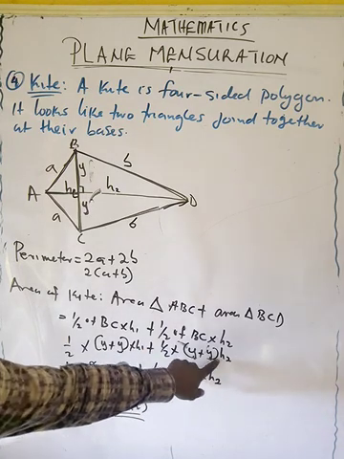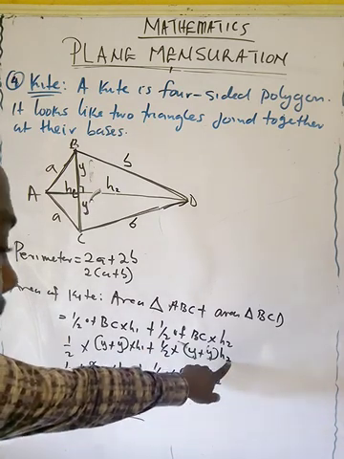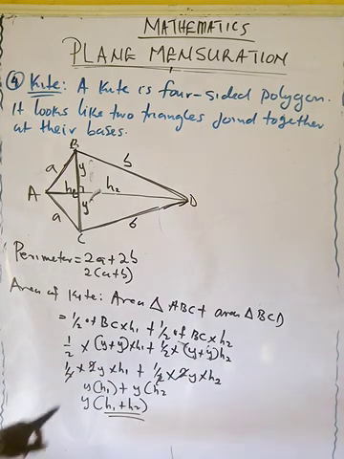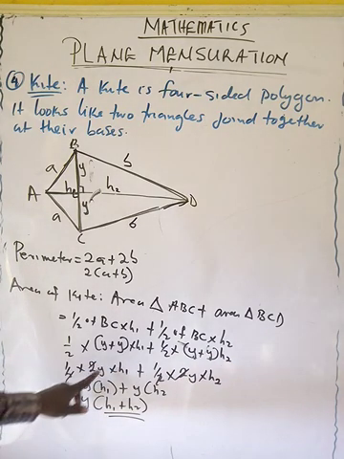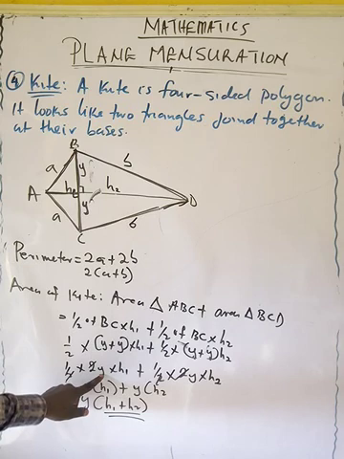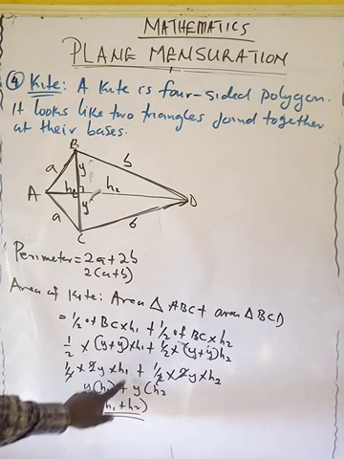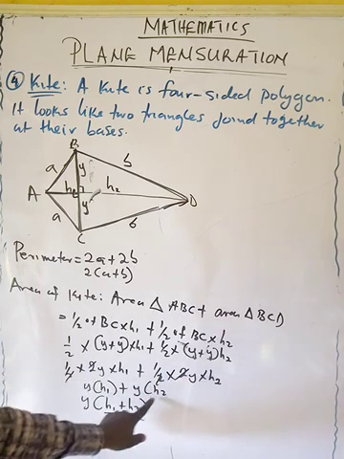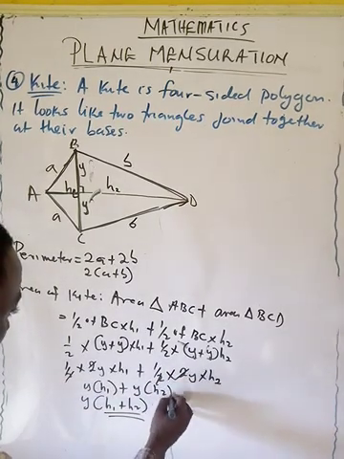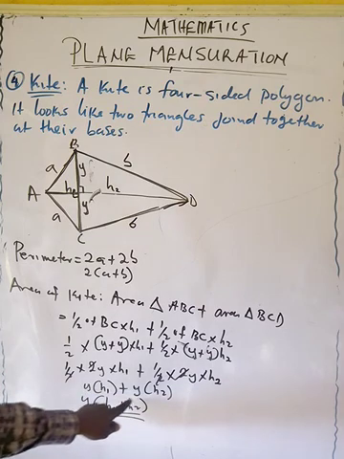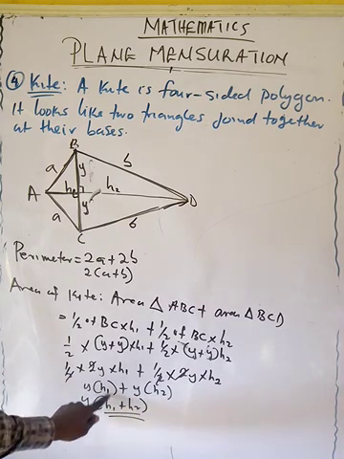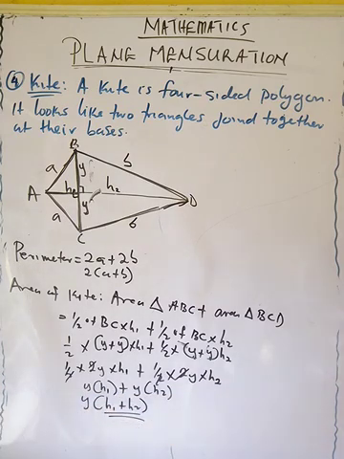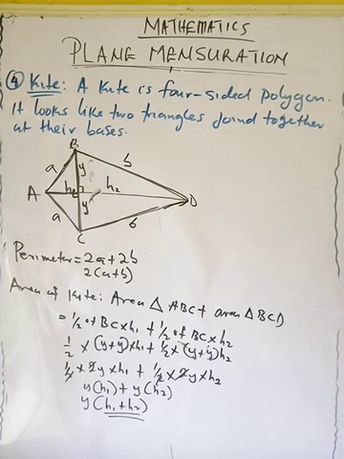Half of these two can cancel these two, and we have y h1, plus y h2. What is common between them is y, so I put the y outside the bracket of h1 plus h2. So that is how to calculate the area of a kite.